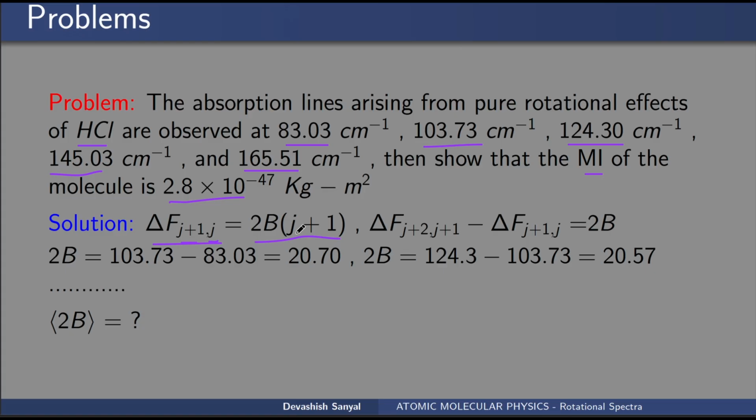And the distance between two consecutive lines in centimeter inverse will be this: delta f (J plus 2, J plus 1) minus delta f (J plus 1, J), and that you can easily check comes out to be 2B.